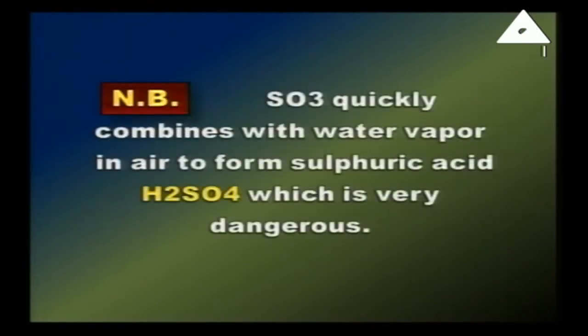The sulfur trioxide quickly combines with water vapor in the air to form sulfuric acid, which is very dangerous. So this reaction needs special precautions.